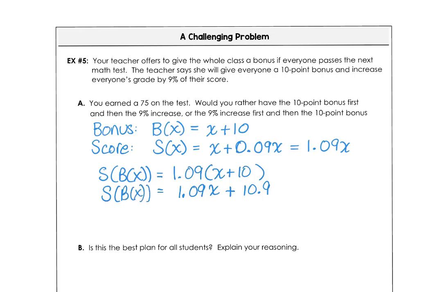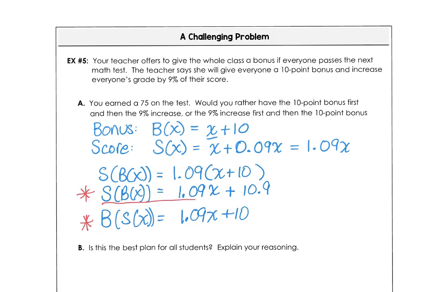And then the other one, method 2, would be the 9% first, and then the bonus. So the 9% first would be 1.09 in place of the x, plus 10 points. So between the two, this one or this one, which would be the best way?